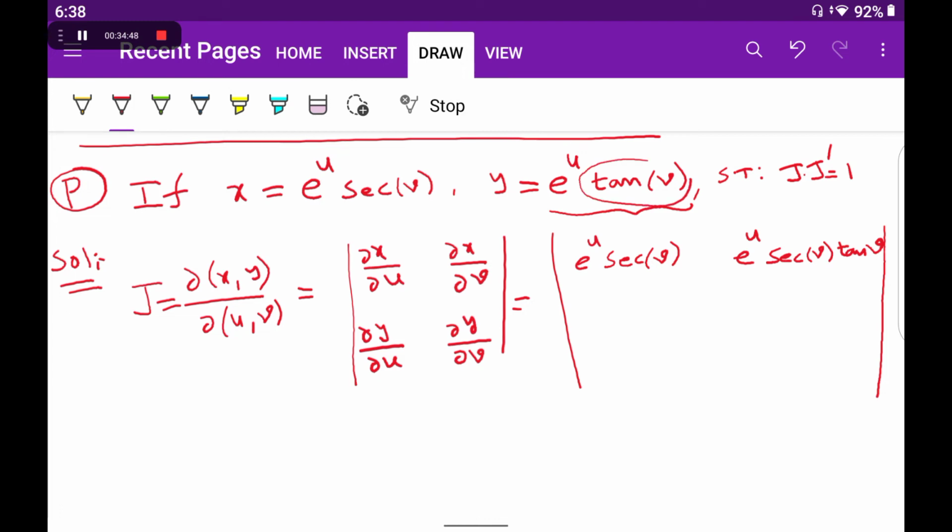Here tan v is constant, so the derivative of e power u with respect to u is e power u tan v. When you differentiate y with respect to v, e power u is kept constant, and the derivative of tan v is secant square v.